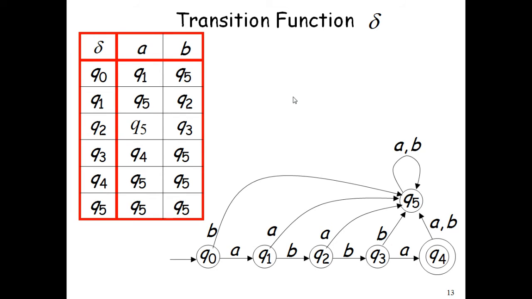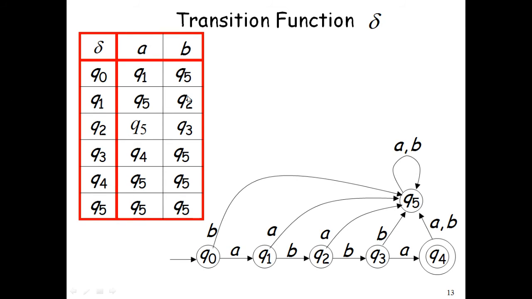So from the given DFA, we can generate a transition table which represents all the transitions given in the DFA. That is, from which state, by taking which alphabet, it moves to which other state, or whether it remains in the same state.